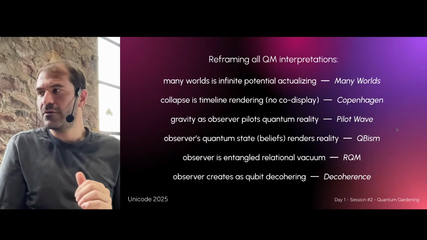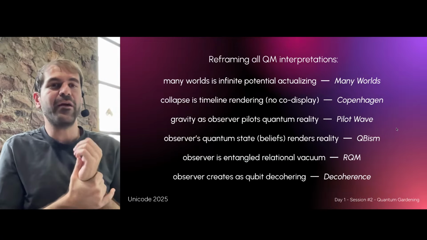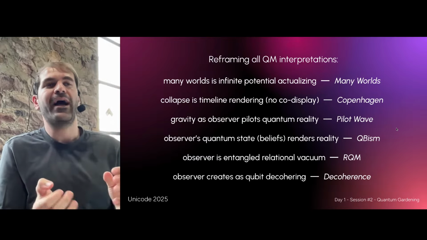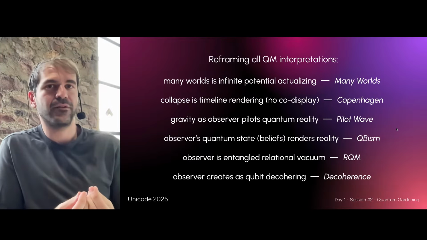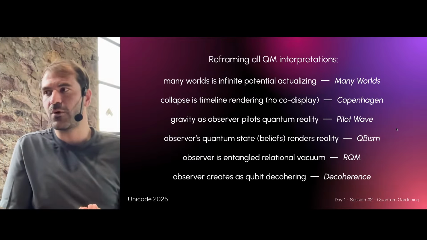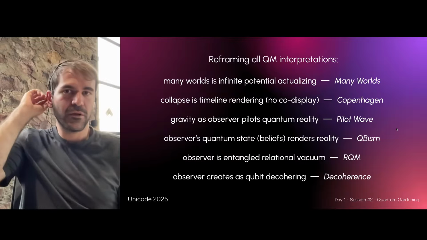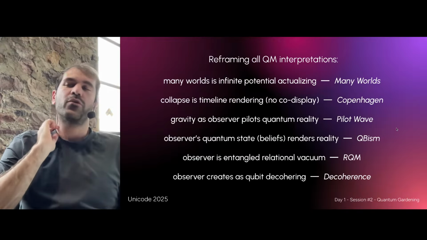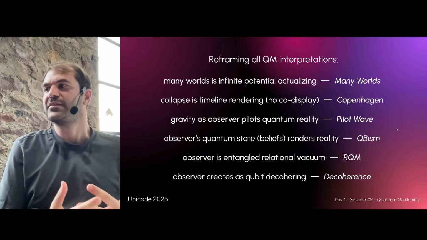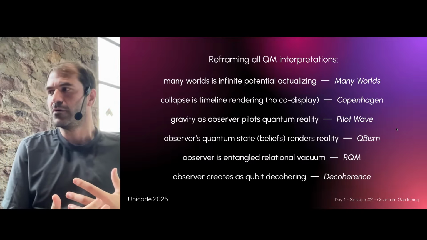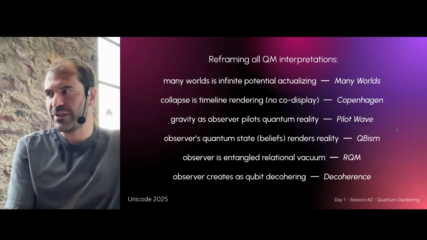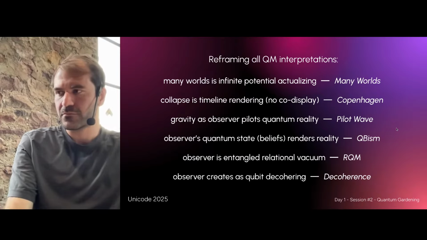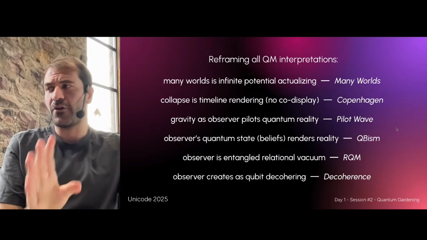Okay? So you need to be able to at least know, to some extent, what the different interpretations of quantum mechanics are. So what we're about to do is list the most well-known interpretations of quantum mechanics, and certain other ones are given.